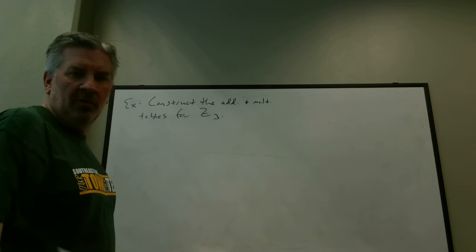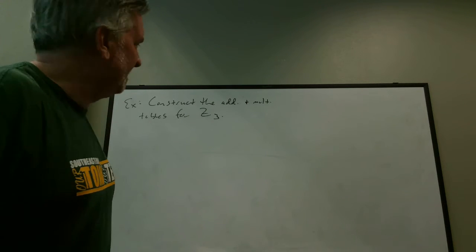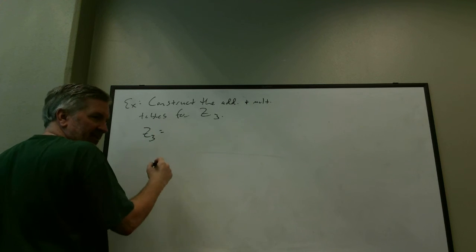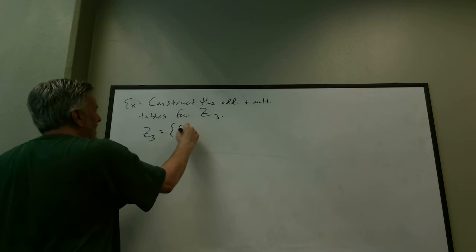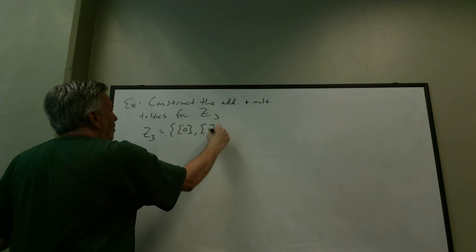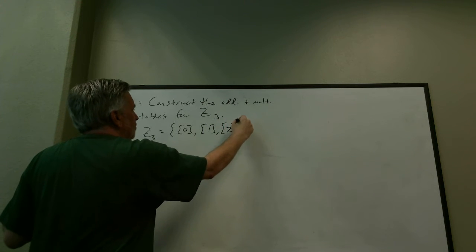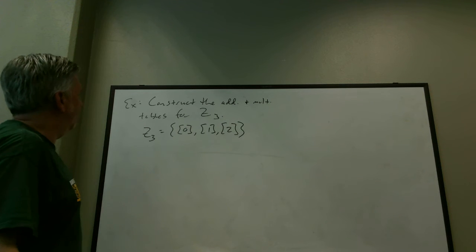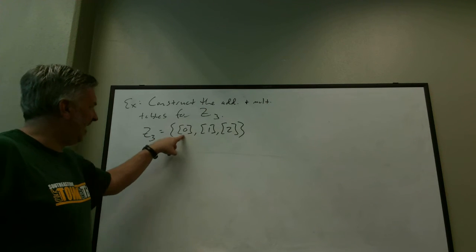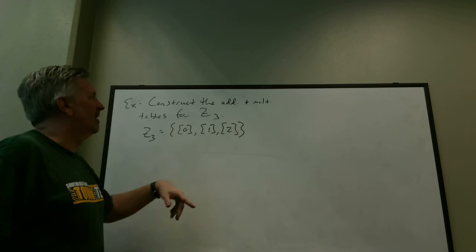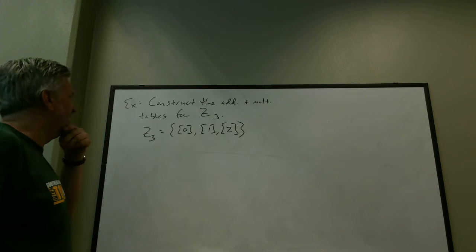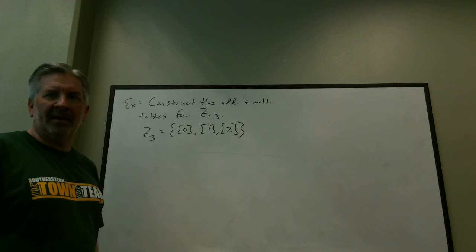So what do the elements in Z3 look like? Remember, Z3 is a set of the equivalence classes. So we have the class with 0, the class with 1, and the class with 2. Remember, the class with 3 is the class with 0. Now typically we think of these as classes. That's why they're putting the brackets. But from here, unless there's a reason for me to do it, maybe in a proof or something, I'm just going to write them without the brackets, okay?